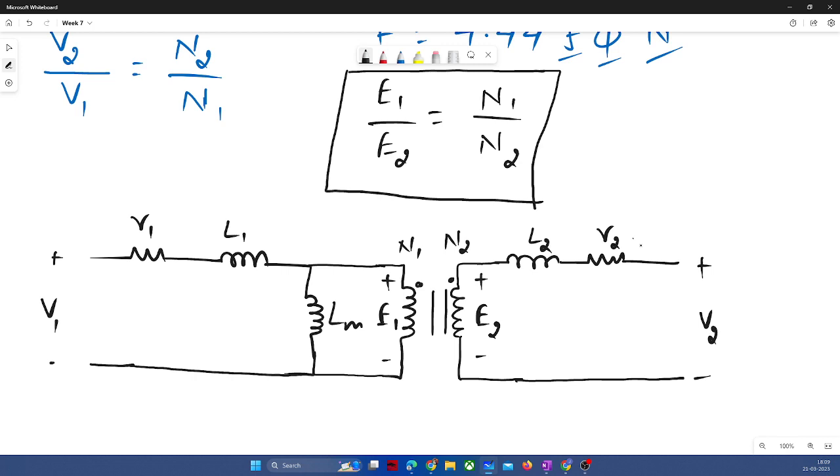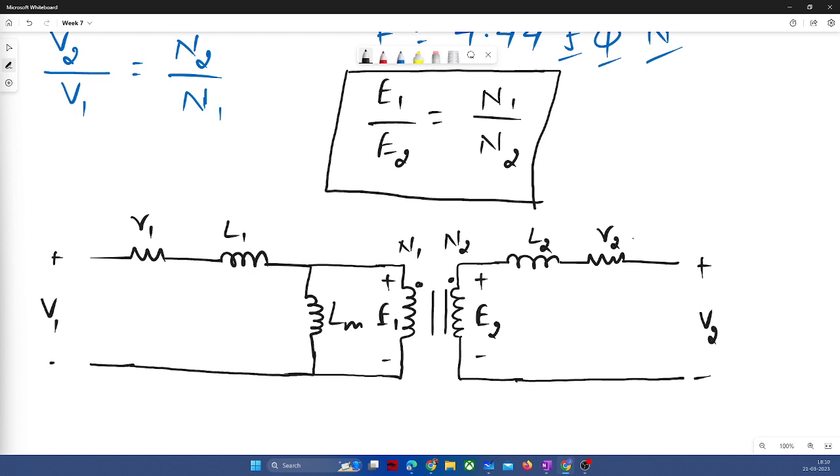Okay, so I had posed one question earlier. What was that? Anyone want to answer that question? Because current through that inductor is responsible to produce the magnetizing flux. Magnetizing, yeah, you are correct, but partially you are, I would say, not clear. The other way is that magnetizing inductance is the way of the representation.